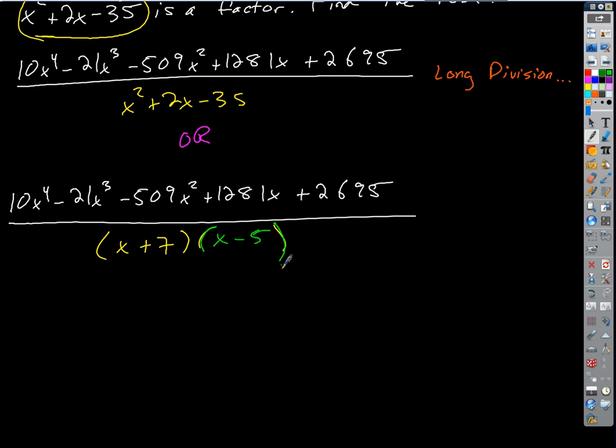So dividing by two separate factors would be the same thing as dividing by one, getting the result, and dividing by another, wouldn't it? Everybody see that?